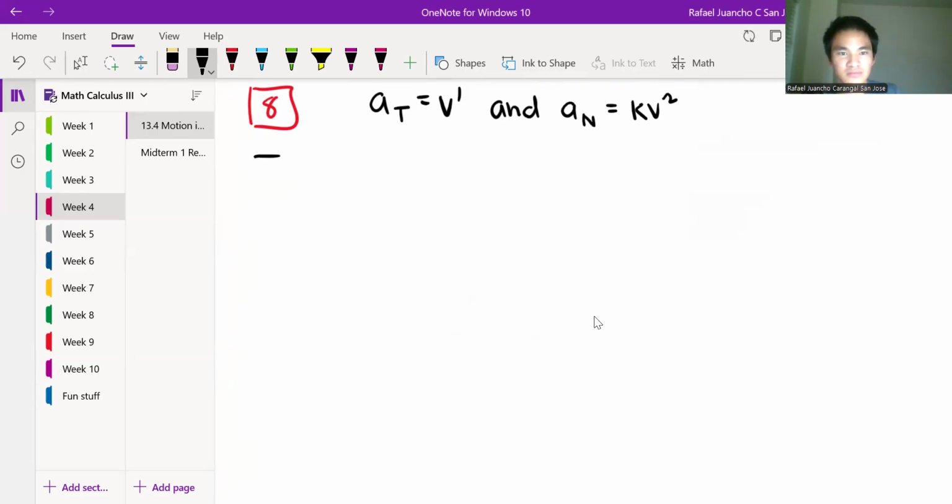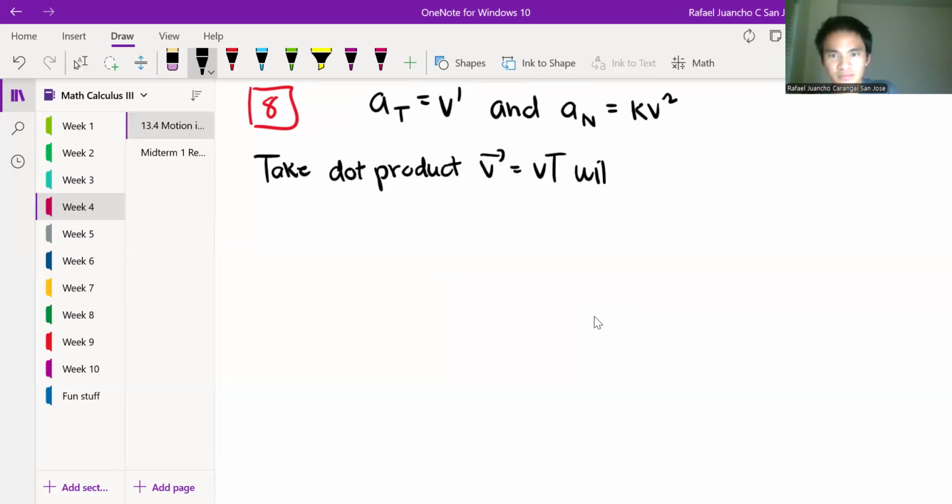So we're going to take the dot product. Here we're constructing a more convenient formula, so that we only have to plug in position vectors. We take the dot product of the velocity vector, which is equal to our speed times our unit tangent vector, with a, right?